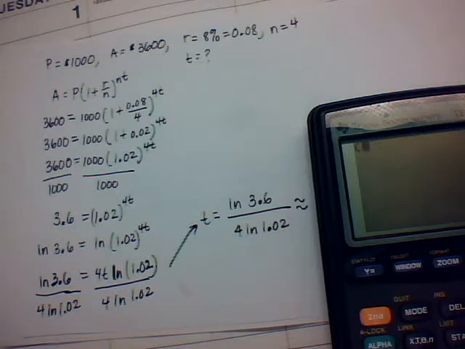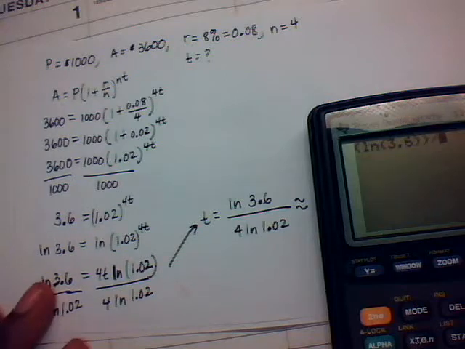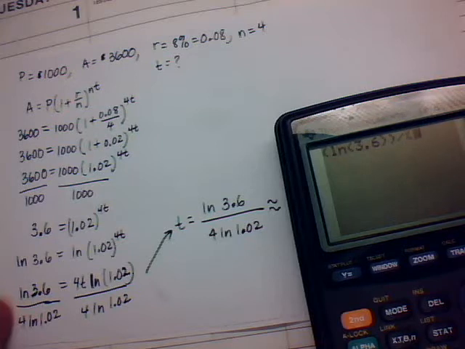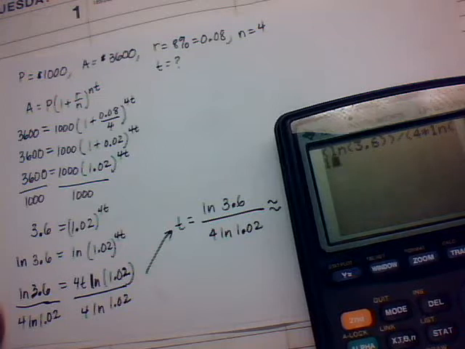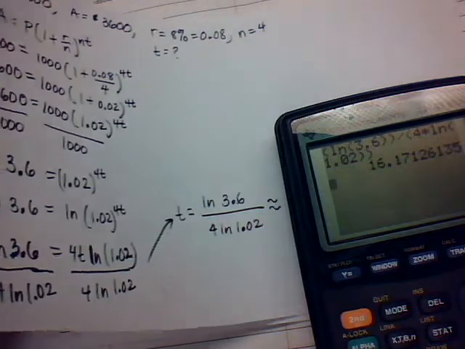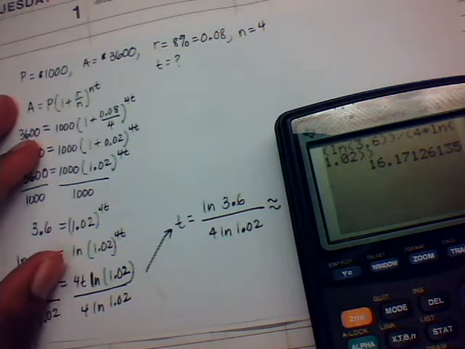I'm going to put the left parenthesis here and then type ln 3.6, close the parentheses, and then close it again. That's the numerator. Now the denominator is going to be 4 times ln of 1.02. So left parenthesis, 4 times ln 1.02. Close the parentheses and then close it again. And then press enter. And to the nearest tenth of a year, that'll be 16.2.